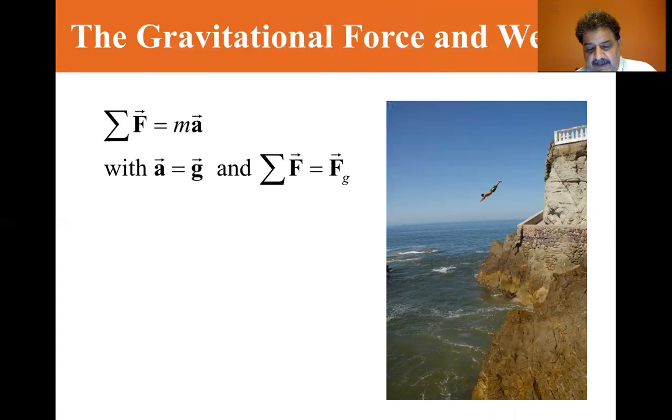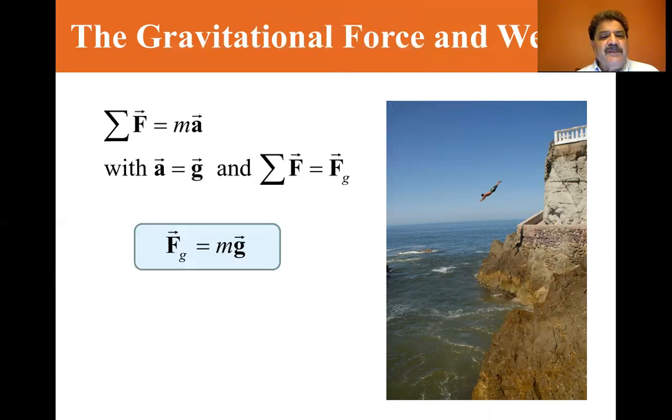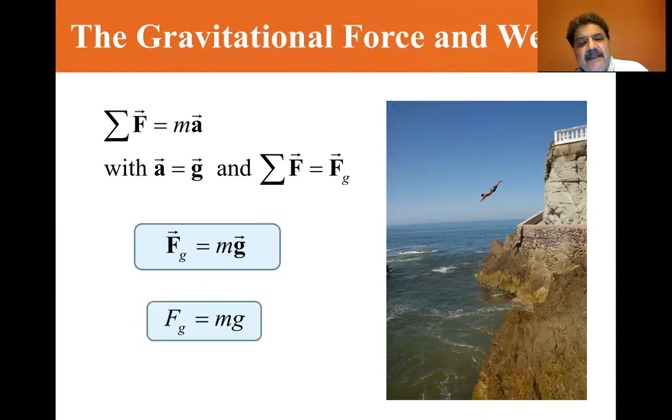So the gravitational force equals mg, the mass of the object times the gravitational acceleration, which we use as 9.8 meters per second squared. The weight of the object is simply the scalar value, and it's just mg, no vectors involved.